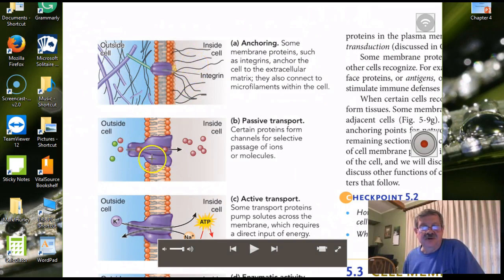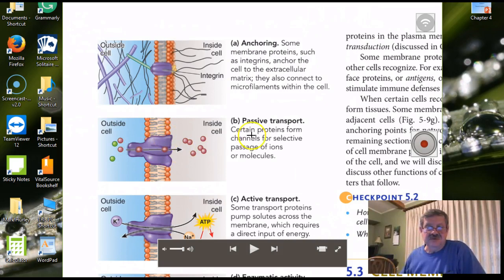Then right here we have proteins that are involved in passive transport. That is, materials that cannot freely go in between these phospholipids. They have to go through proteins, but still they are moving from an area of high concentration to an area of low concentration, and the cell is not using any energy to control this passage.